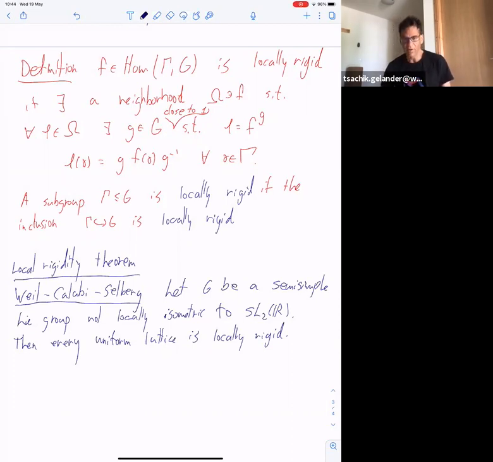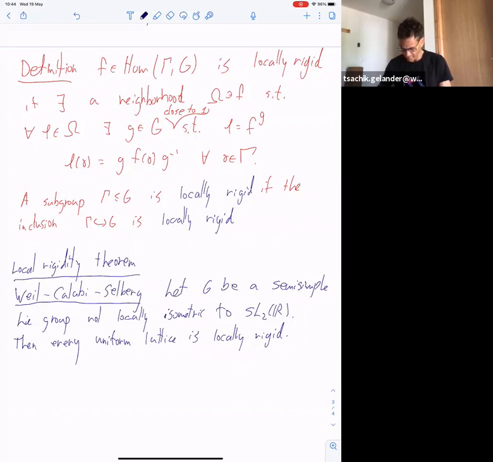And by the way, jointly with Ariel Levit, we extended this theorem to any group of isometries of CAT(0) spaces. We show that under certain conditions, if you have a group of isometries of a CAT(0) space and the space is not the hyperbolic plane, then every uniform lattice is locally rigid.